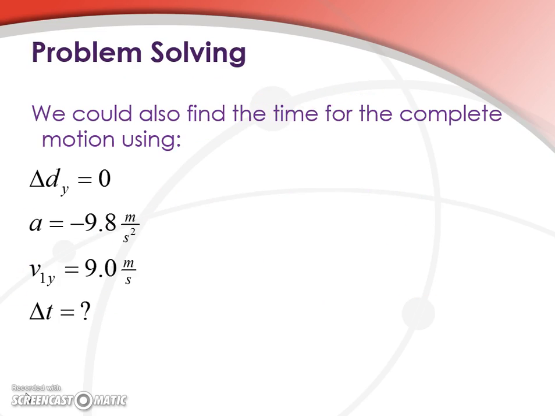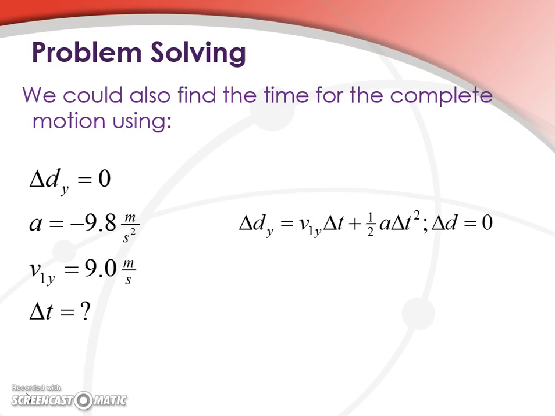And of course, we also could have used the delta dy equals v1y delta t plus 1/2 a delta t squared equation as an alternative approach to get that distance.